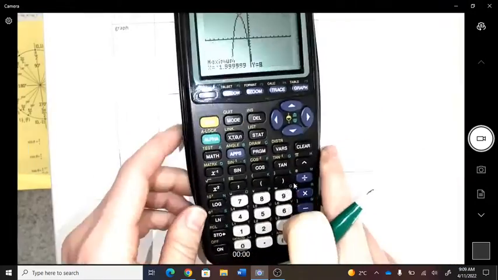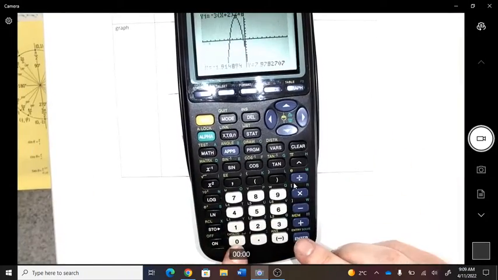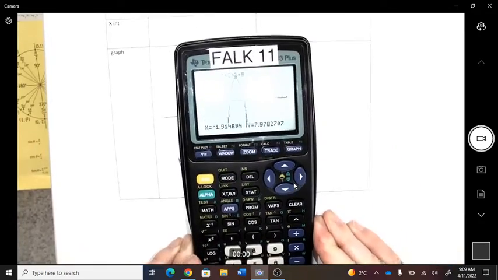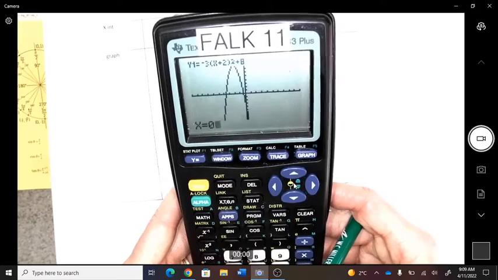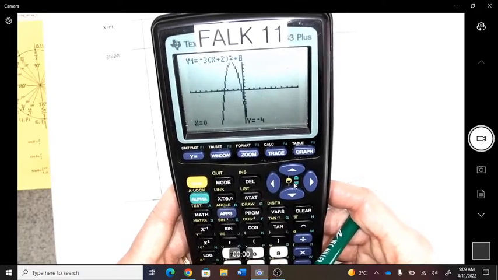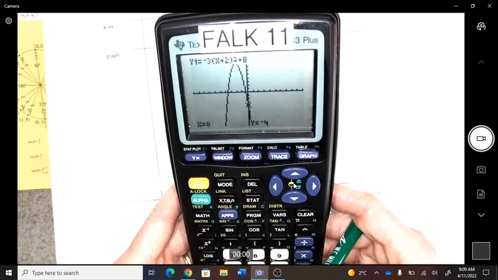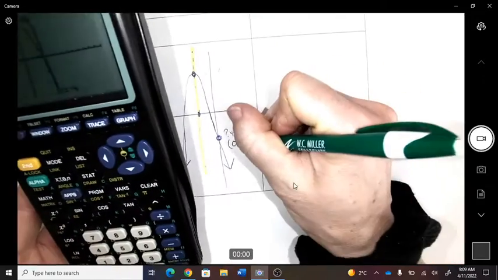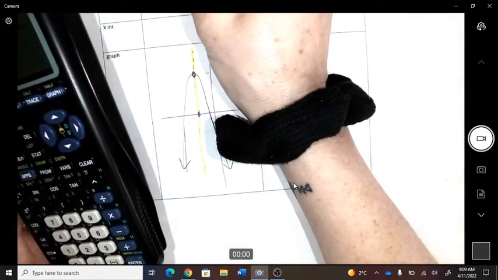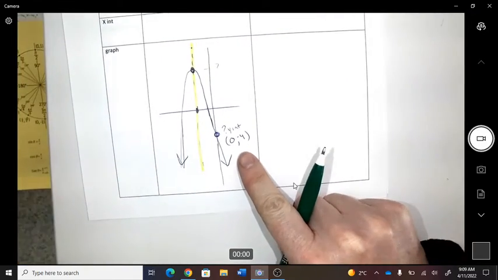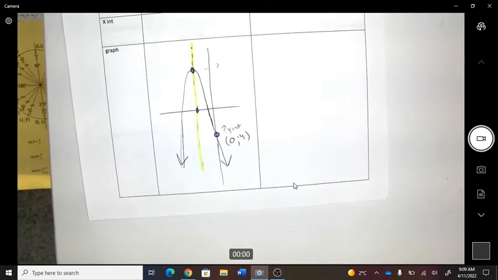Okay, so I go to trace and I tell my calculator, move the mouse to 0. I just hit 0, enter. So that's the coordinate, that's the Y-intercept, negative 4.